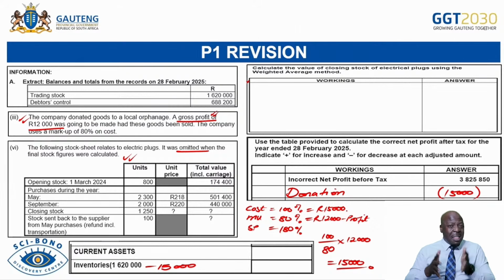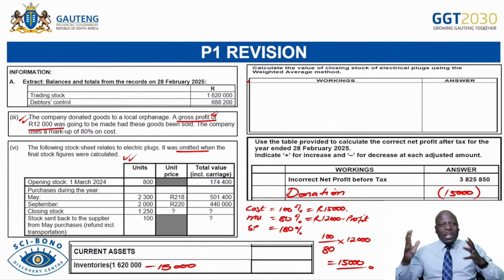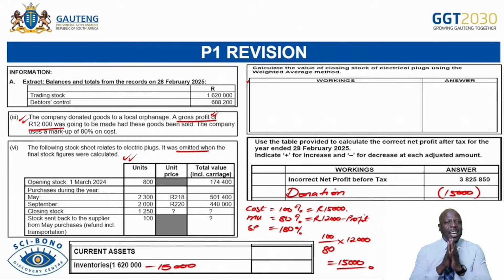Several times we've seen these kinds of adjustments that bring in an inventory valuation method, and that particular stock was omitted, stolen, destroyed, and all these other funny adjustments. You need to expose yourself to such adjustments. Maybe the stock was donated. So you need to be able to calculate the value of stock and then adjust it according to what the examiner would have said.